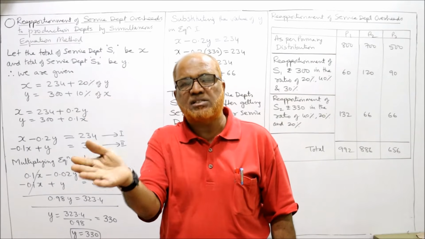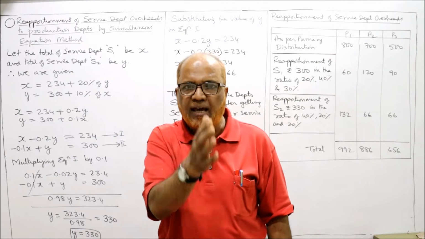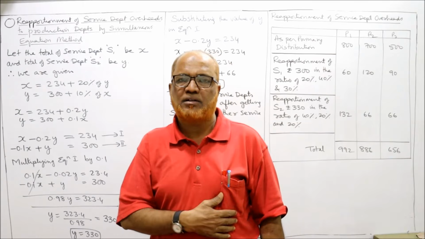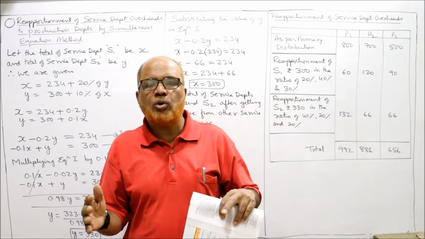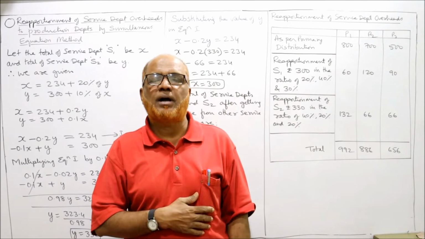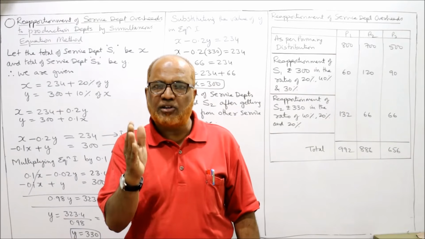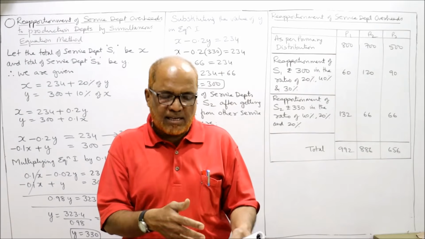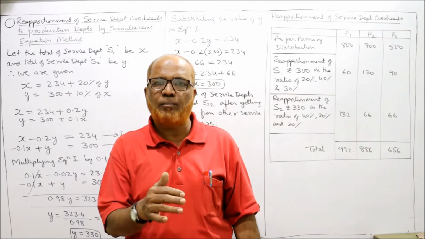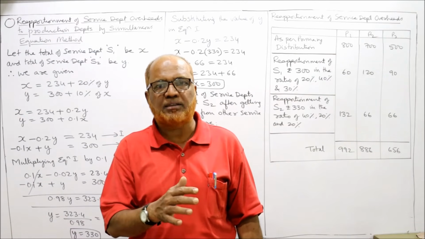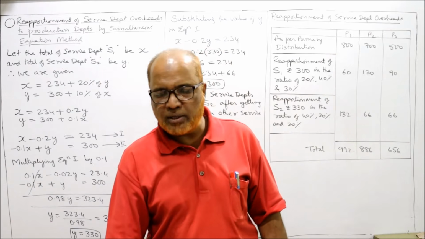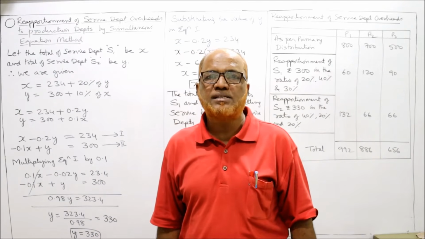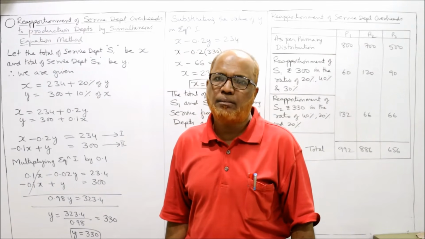And S2 is giving service to P1, P2, P3 and S1, inter-service department. So how to reapportion when there is inter-service department? There are 3 methods: repeated distribution, simultaneous equation, trial and error. The third problem we have solved by the repeated distribution method. Now the same problem I am going to explain by the simultaneous equation method.